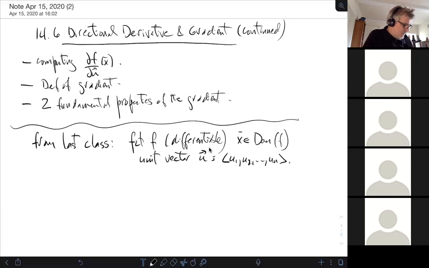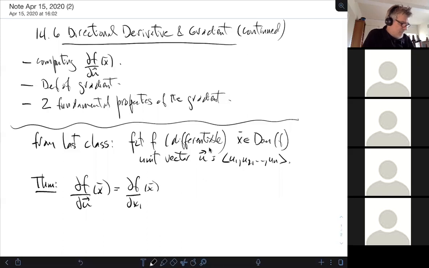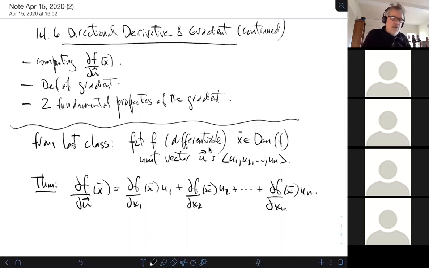And we saw the following result: to compute the directional derivative of f in the direction of u at x bar, all we need to do is take the partial derivative of f with respect to x1 at x bar, multiply by u1, then do the same with respect to x2 times u2. And we keep on going, and we do this for every one of the coordinate directions.